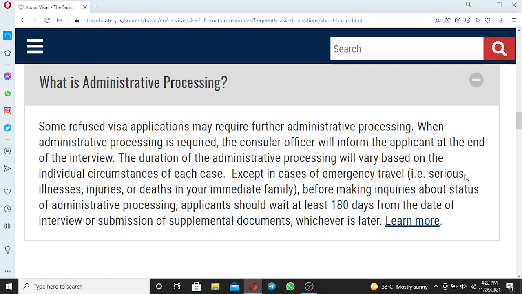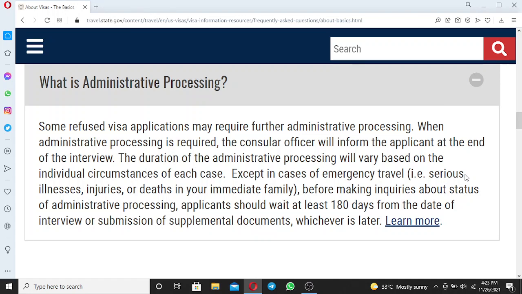So during the administrative processing, the duration will vary based on the individual circumstances of each case, except in cases of emergency travel like serious illness, maybe you are sick, injuries, and death in your immediate family.